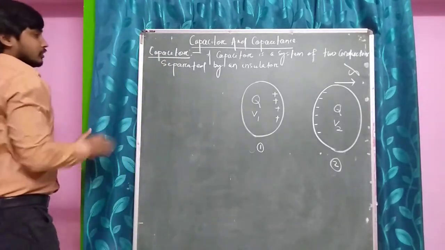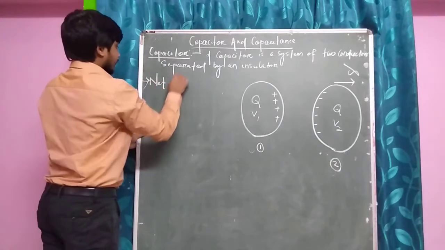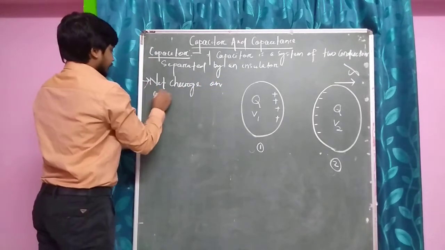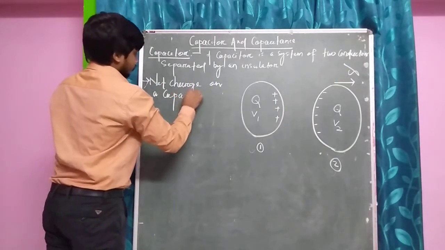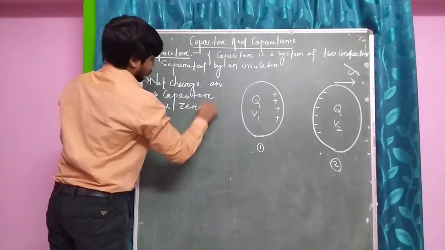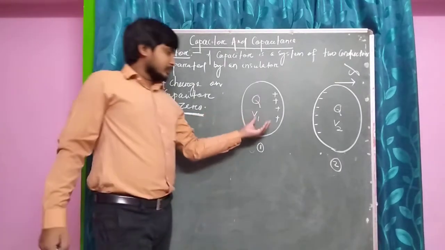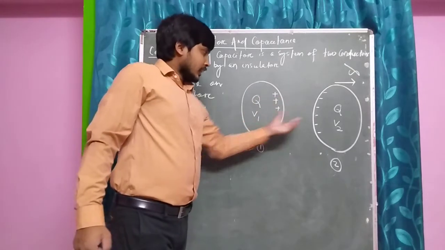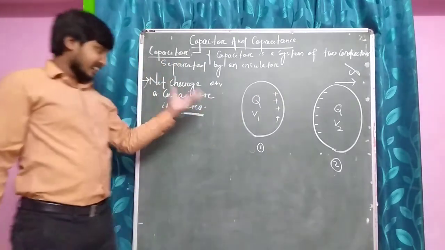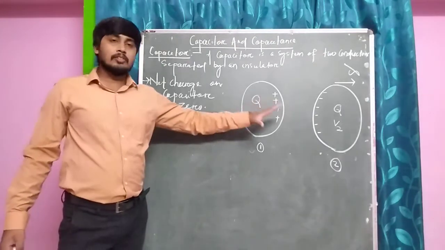Remember that the net charge on a capacitor is 0 always, because this plate has positive charge and this plate has negative charge, but the magnitude of both plate charges is the same. Hence the net charge of the capacitor is 0.